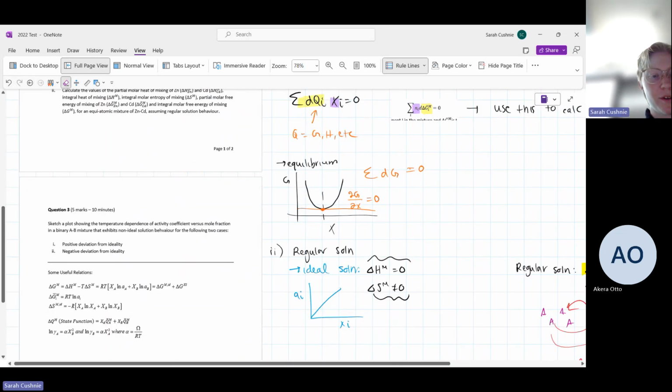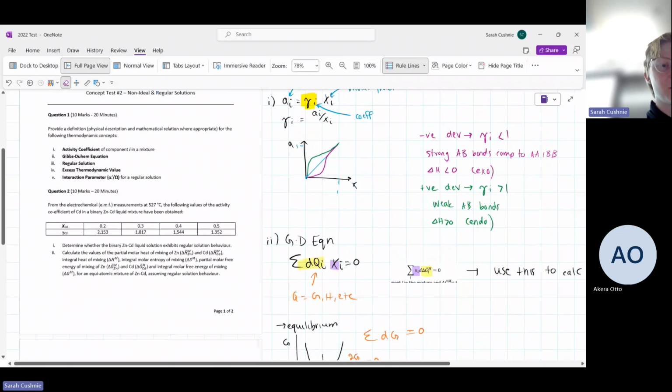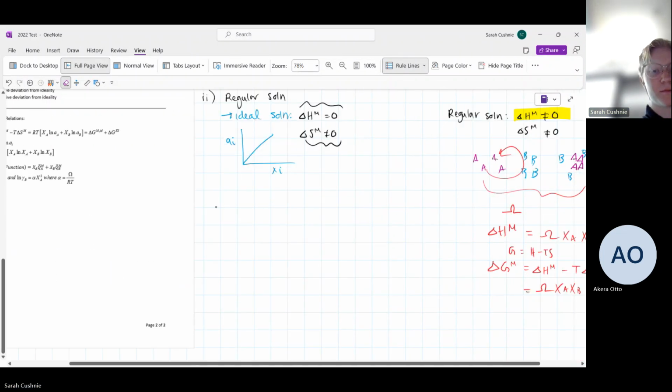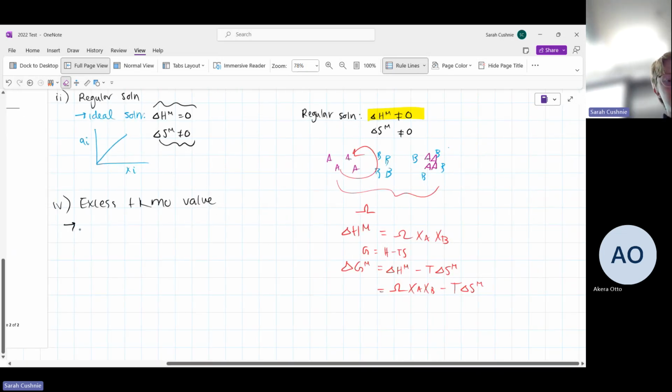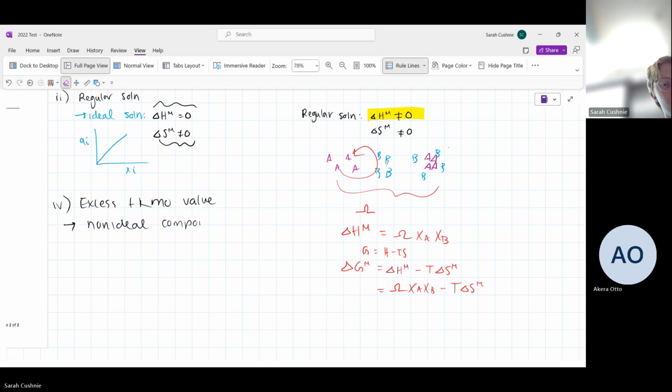Alrighty, moving on, excess thermodynamic value. Basically, what this represents is anything that is a non-ideal component.